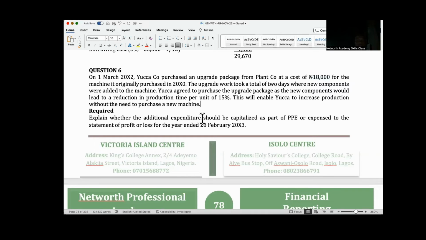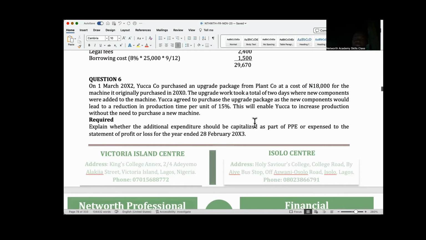Explain whether the additional expenditure should be capitalized as part of PPE or expensed to the statement of profit or loss for the year ended 28 February 2003. Okay, I've told you this is a subsequent cost. It's an upgrade package, subsequent cost of 18,000.